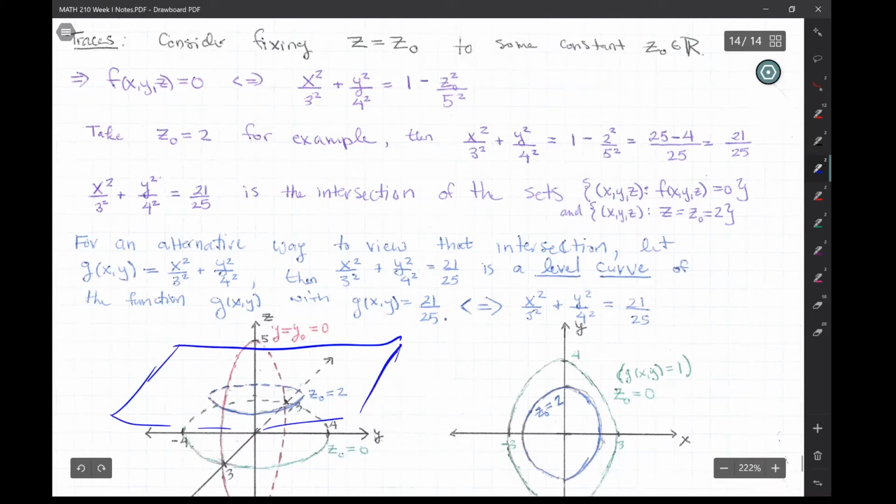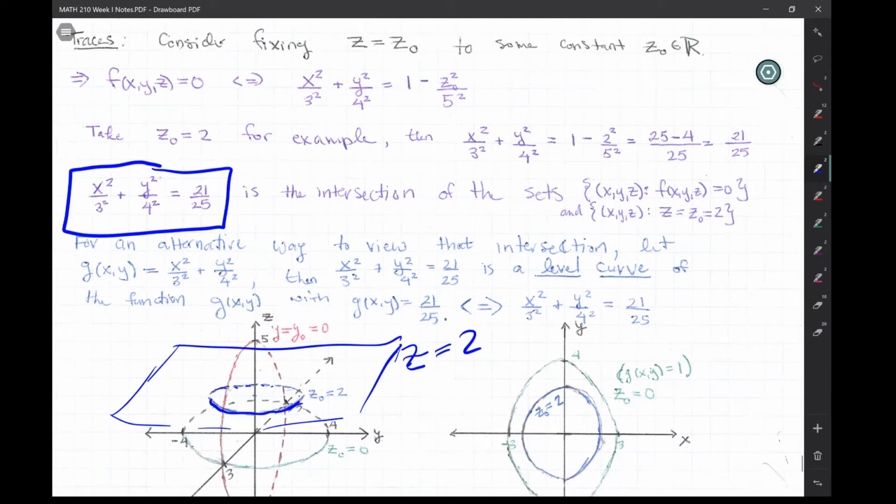And what you're seeing here in blue is the intersection of the z equal to 2 plane and our object.